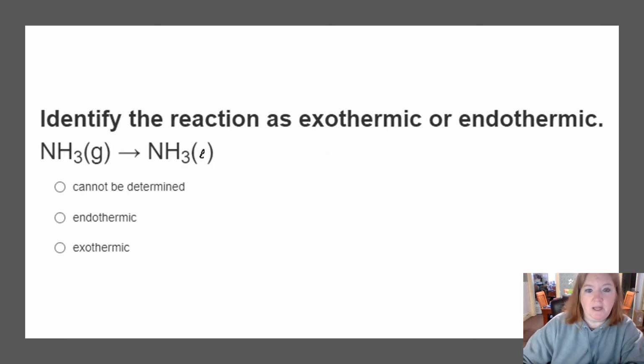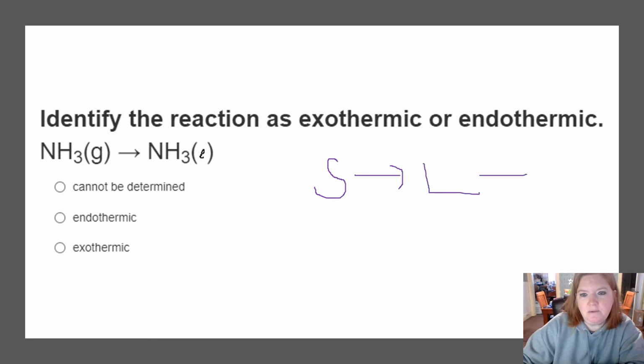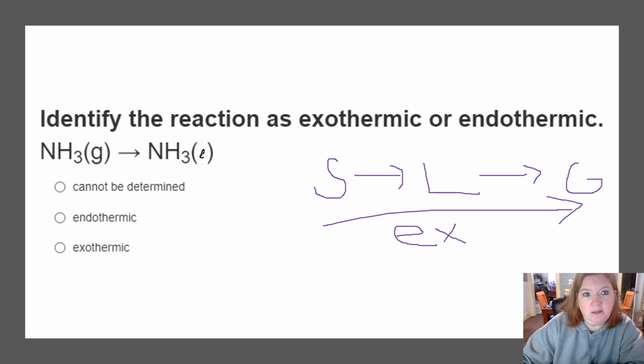What about this one? Exothermic or endothermic? Well, this doesn't have it written, so here's what I have to remember. I'm going to draw real quick: solid to liquid to gas. I think about this when I have to melt something. If I have my gold necklace and I want to melt it, it's going to take some energy in order for that to happen, okay?